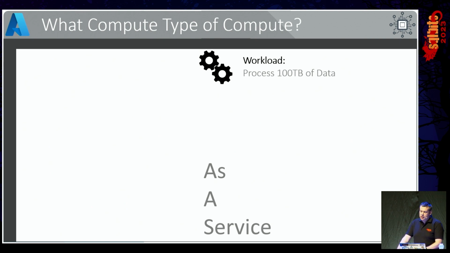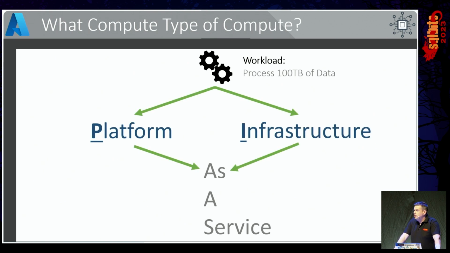Fine. If we think about that type of compute, we now have everything as a service, right? In Azure, we could use platform as a service resources. We could use infrastructure as a service resources. We could, if we really wanted to, have SQL Server sitting on a virtual machine in Azure and do everything that way. We could.